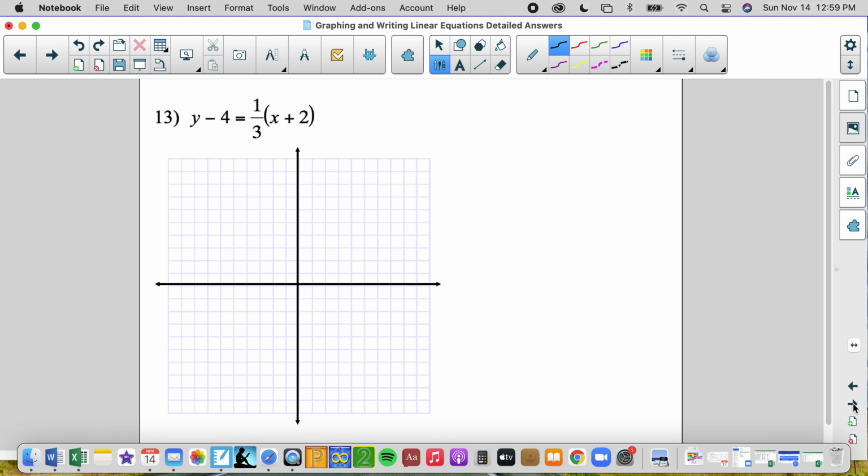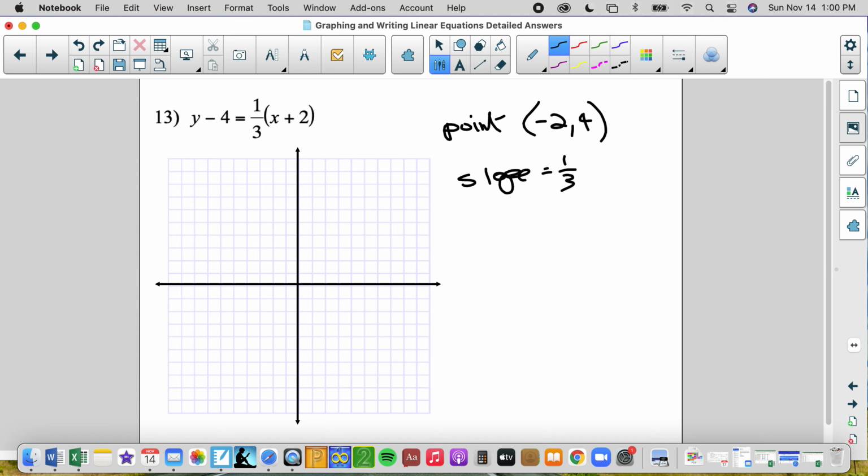All right, what do we got here? Still in point slope form, my point is going to be negative 2, positive 4 with a slope of 1/3. So negative 2, positive 4 takes me there. Slope of up 1, right 3, up 1, right 3, or down 1, left 3.